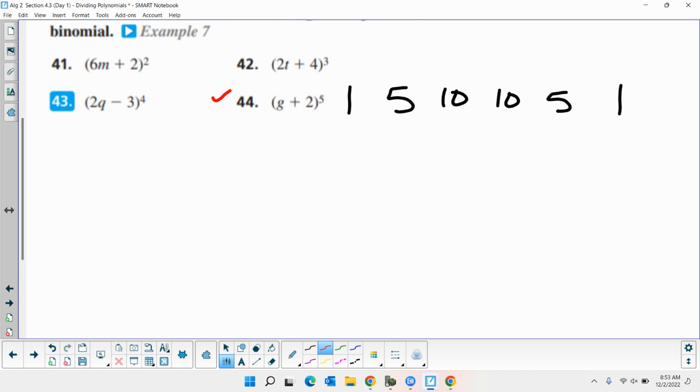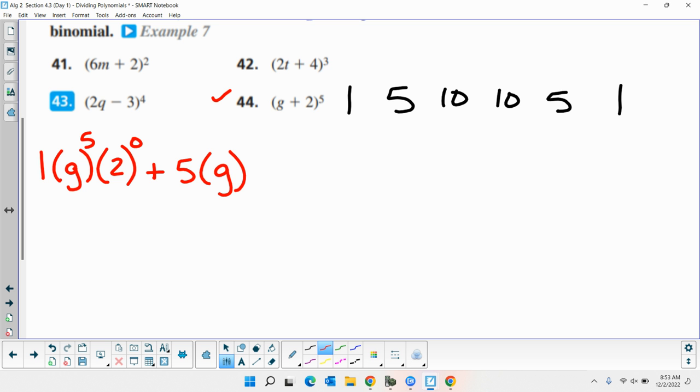So I'm going to put 1, and then the first one's going to be a G, and the second one's going to be a 2, and that's going to be a 5, and that's going to be a 0. Plus 5. G again to the 4th, 2 again to the 1st, plus 10.